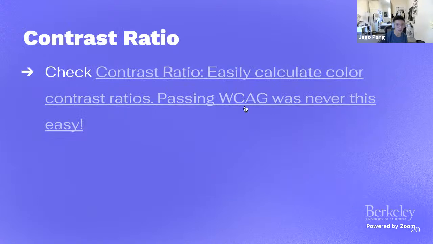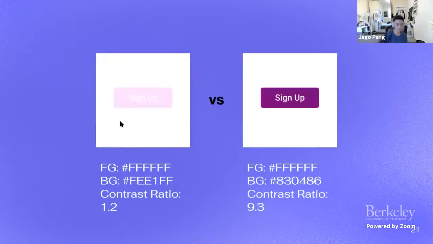You can use, like I said, the WCAG, which is the color contrast accessibility standard for color. You can use websites to check the ratio. Essentially, there are different levels of guidelines that you should pass, and at each level there are different contrast ratios that you should follow.